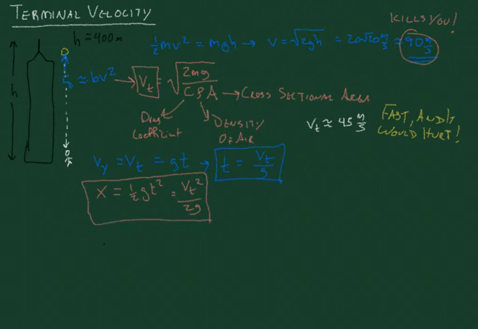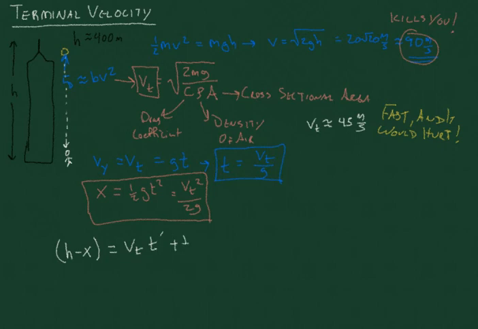Now let's say we want to find the total time it would take the penny to fall. The height of the building is h, so we want to fall a distance h minus x, and that's going to be our terminal velocity times t prime.